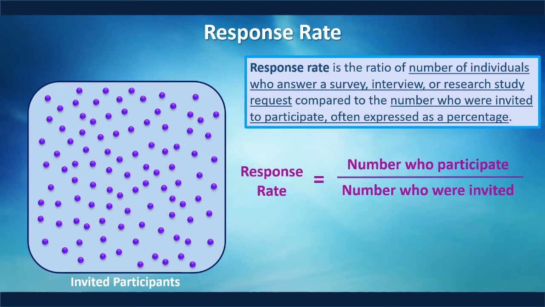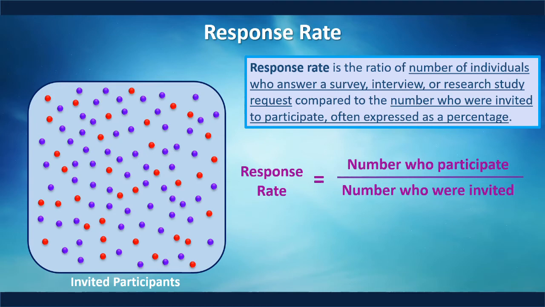Suppose after a simple random sampling procedure, if you recall that's the one with the random number generator, we identified and sent an invitation to 100 potential participants from our sampling frame. A total of 65 people completed the questionnaires and sent them back to us. What would be the response rate?